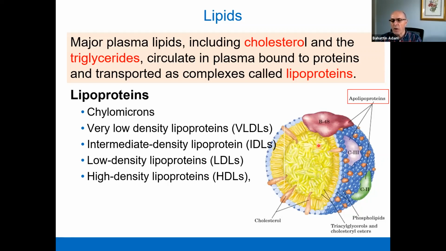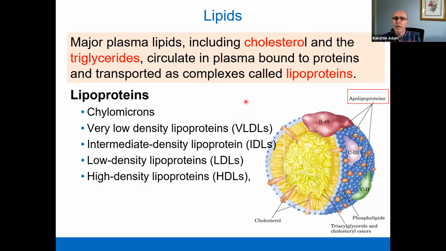In the core of the lipoprotein molecule we have hydrophobic lipids such as cholesterol and triglycerides, surrounded by phospholipids and protein, to make them water-soluble molecules that can be transported via the blood circulation.